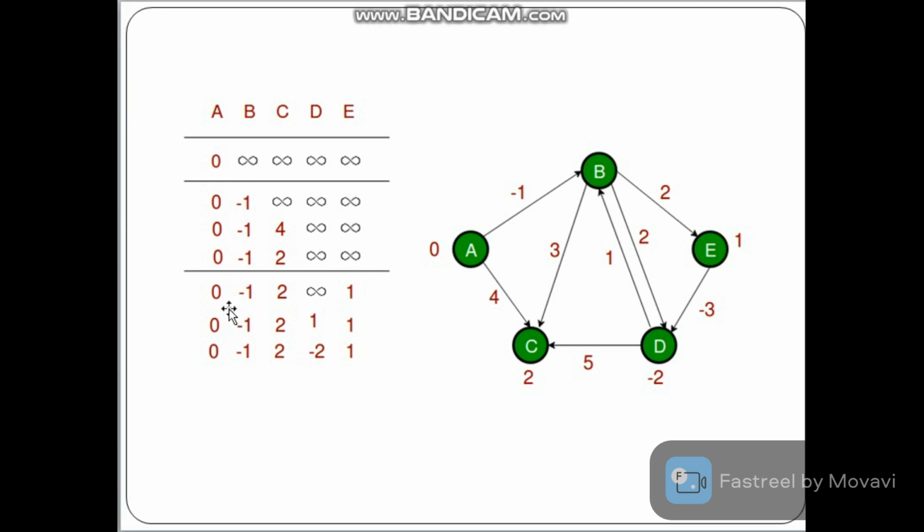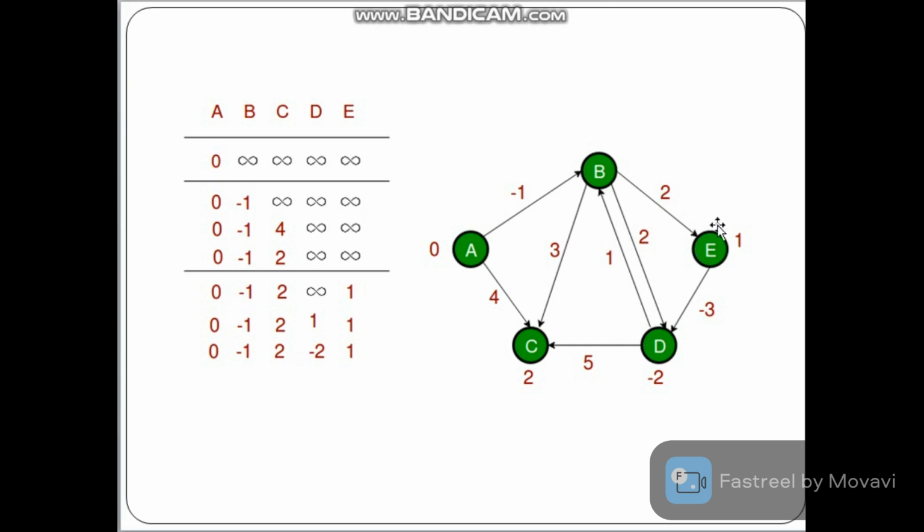In the second step, again from these 3 nodes, this is 2 and this is minus 1. So from minus 1 to 2, this will be 1. Minus 1 plus 2 is 1, 2 plus 5 will be 7.